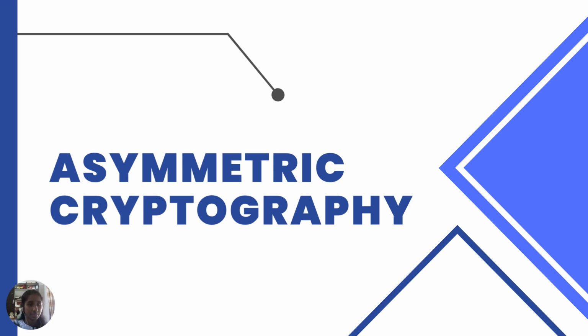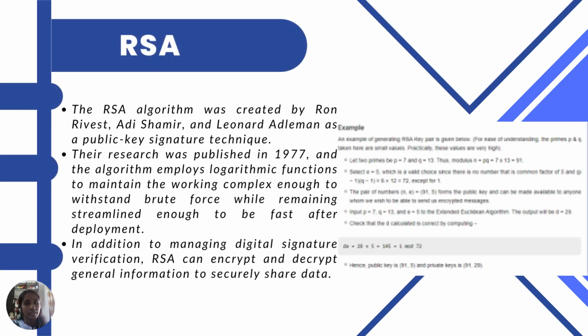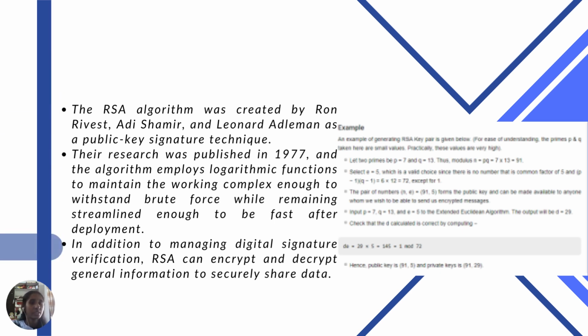Next is asymmetric cryptography. The RSA algorithm was created by Ron Rivest, Adi Shamir, and Leonard Adleman as a public key signature technique. The algorithm employs a logarithmic function to keep the working complex enough to withstand brute force. In addition, it also manages digital signature verification. It encrypts and decrypts general information to securely share data.